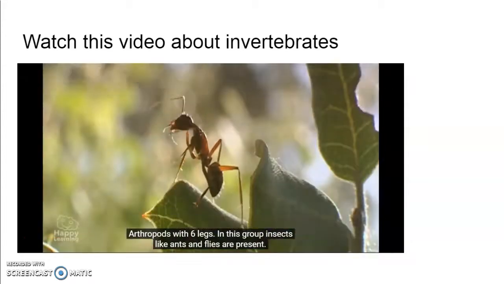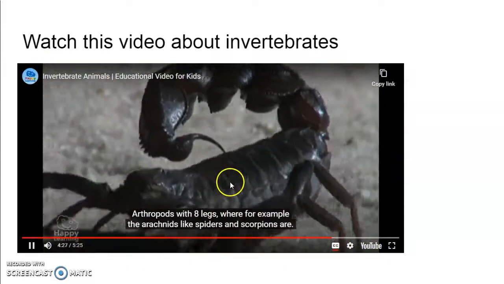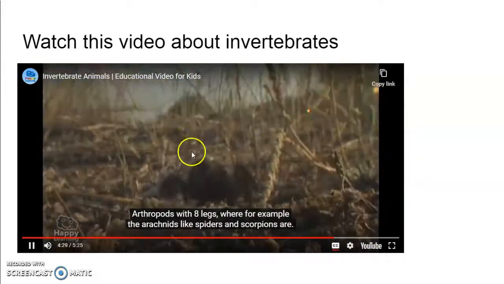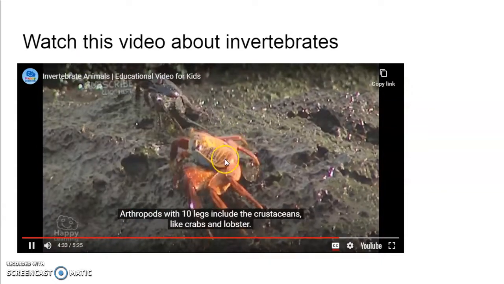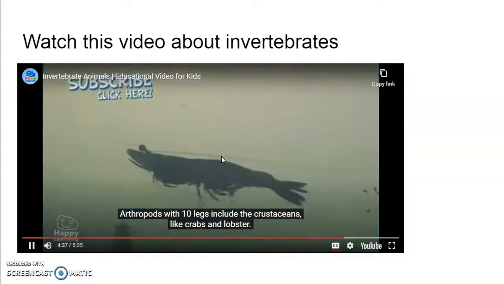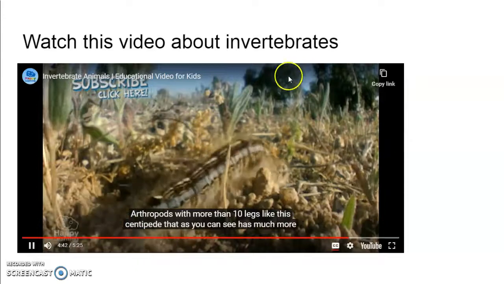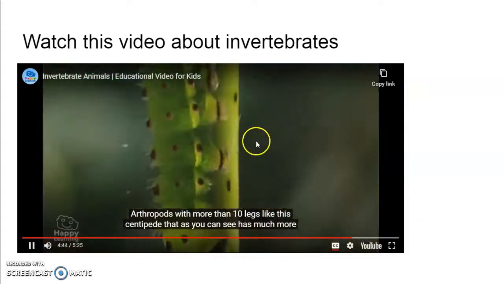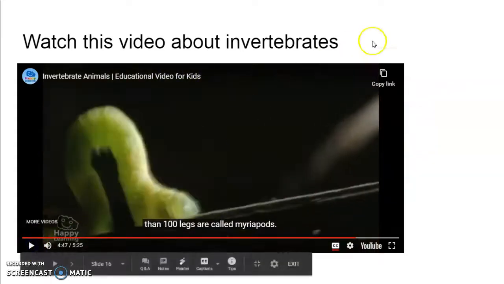In this group, insects like ants and flies These are have present. 6 legs. Arthropods with 8 legs. These have 8 Or legs. for example, the arachnids like spiders and scorpions are. Look, the 8 Arthropods with eggs. 10 legs include the crustaceans like crabs and lobster. Arthropods with more than 10 legs like the Some have centipede, 10 as legs. you can see, have much more than 100 legs and are called myriapods.